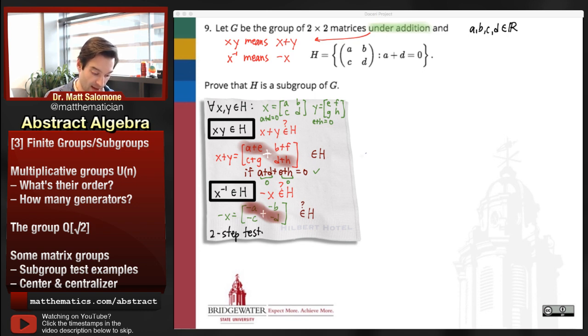Is that true? Well, sure it's true, because minus A plus minus D is minus the quantity A plus D, but by assumption the quantity A plus D was equal to 0. And so minus the quantity A plus D will also be equal to 0. So there's my napkin version of this proof. Both of the elements of my subgroup test have been verified.